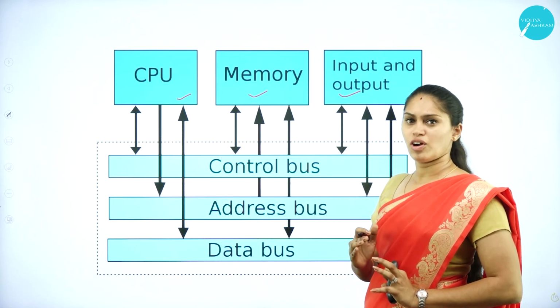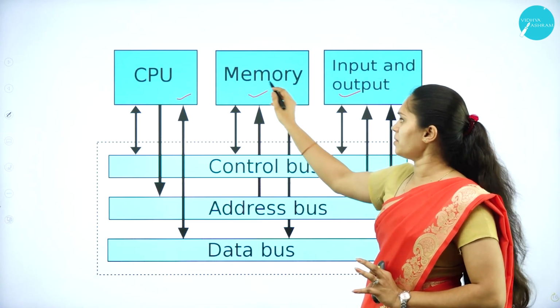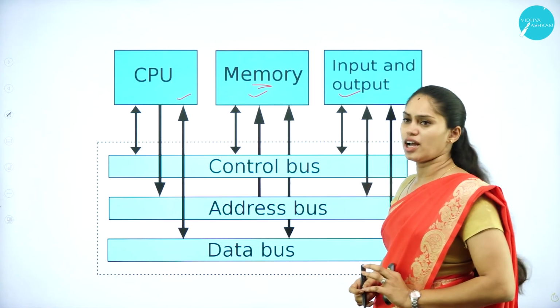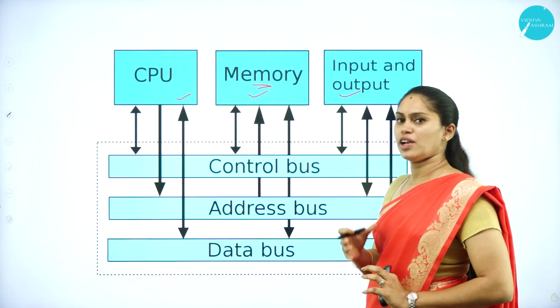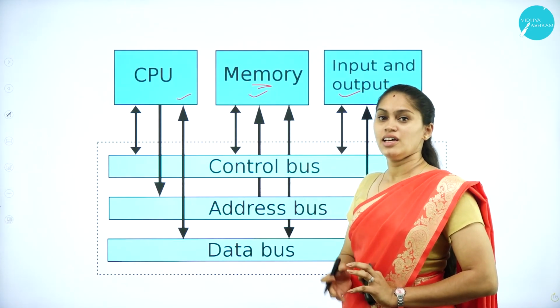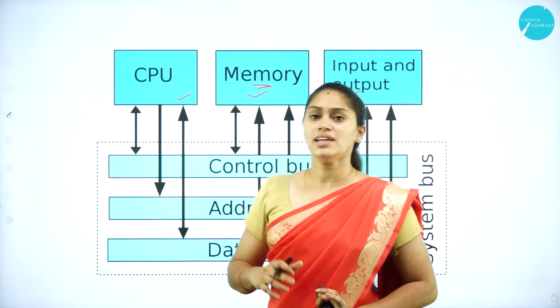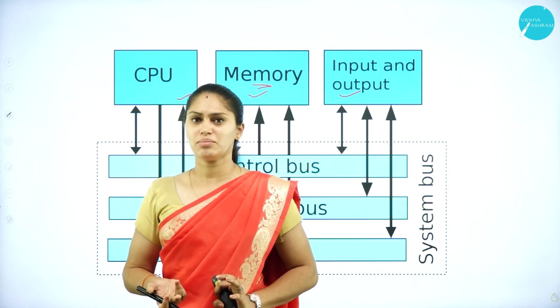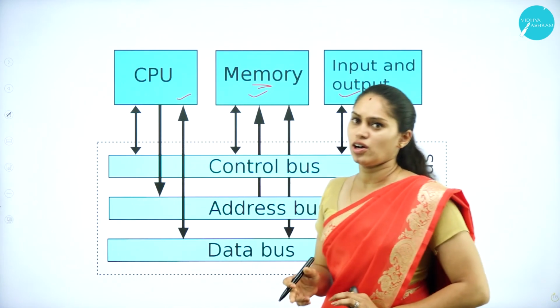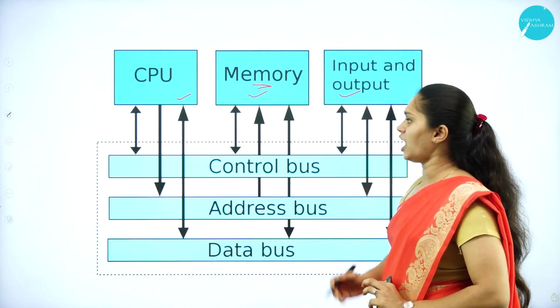If you want to execute anything, then that must be in the memory. Coming to the input and output system, here we are not sending the data only between the CPU and memory. We are also sending the data to the external components, that is, input and output devices. So here we also require input and output.